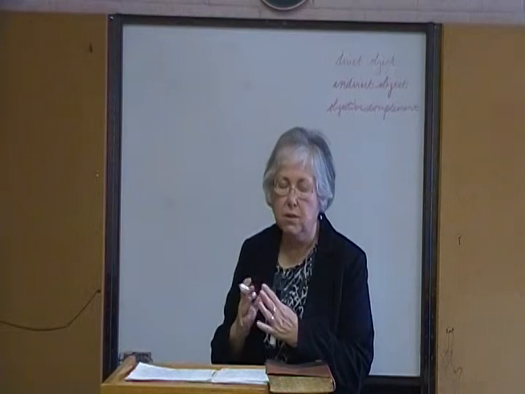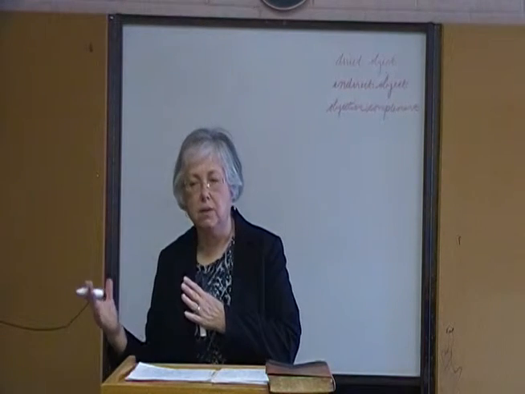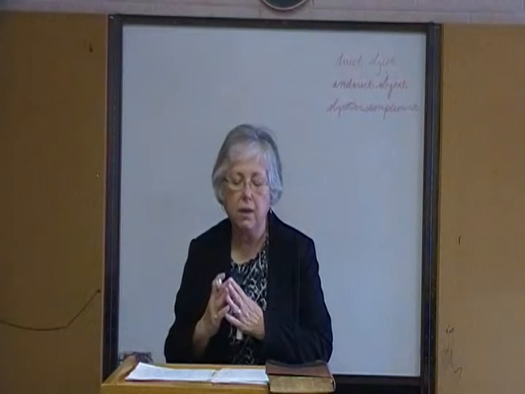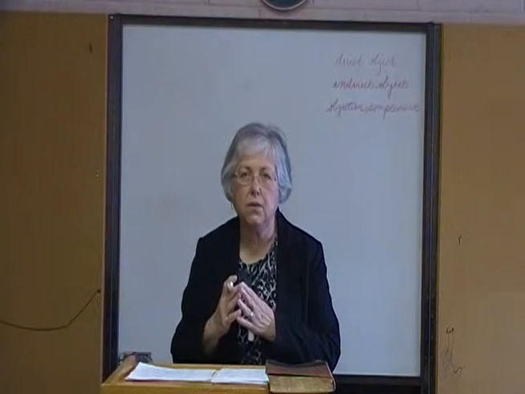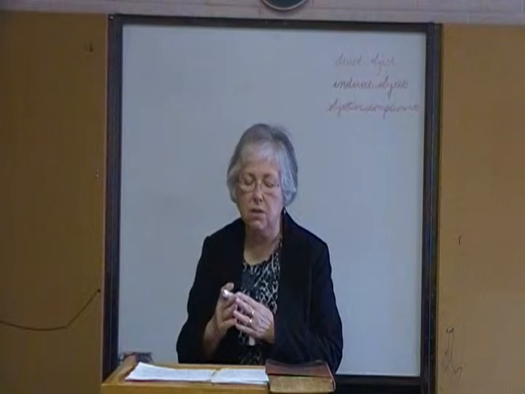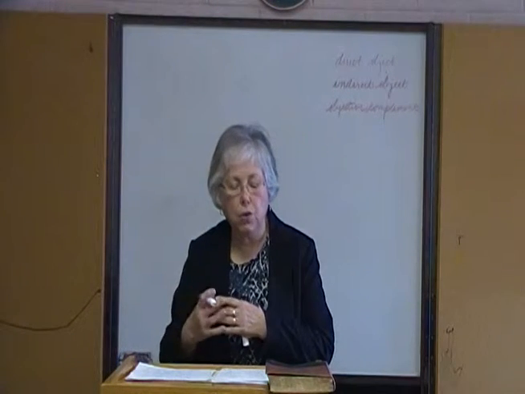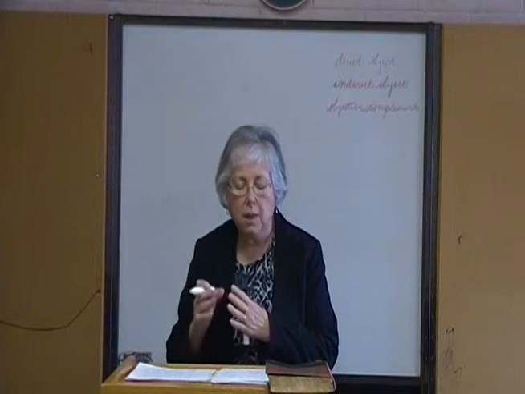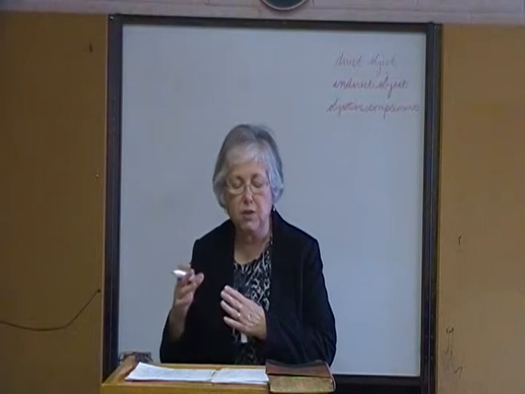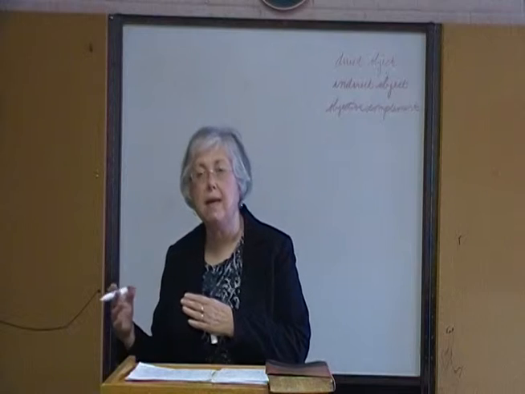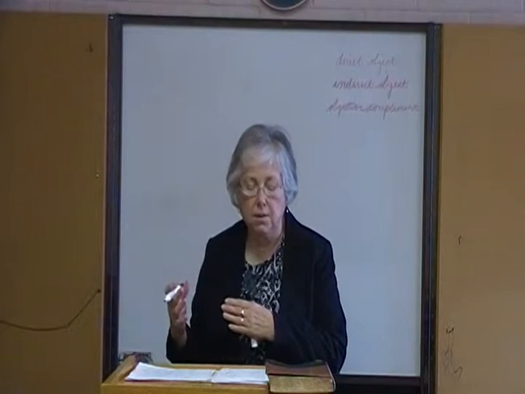Now, when the objective complement follows a direct object, we go back and take a look at the verb. And the verbs in those kinds of sentences are usually verbs that have the meaning to make or to consider. Because the objective complement explains or renames the direct object.